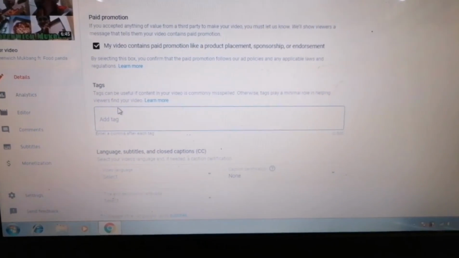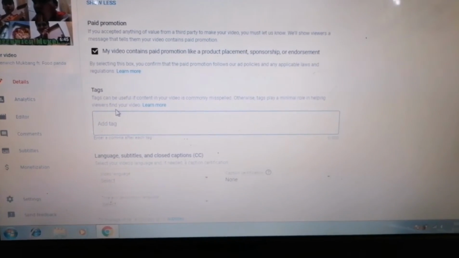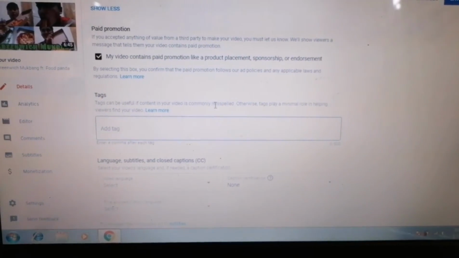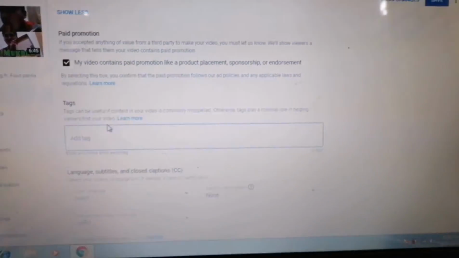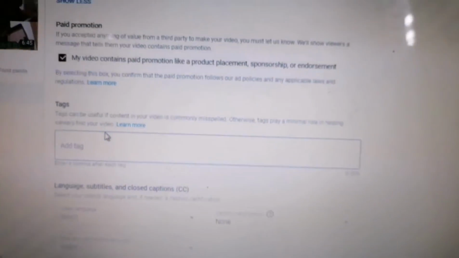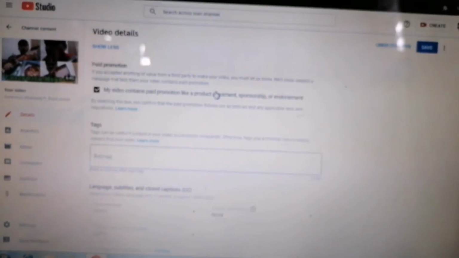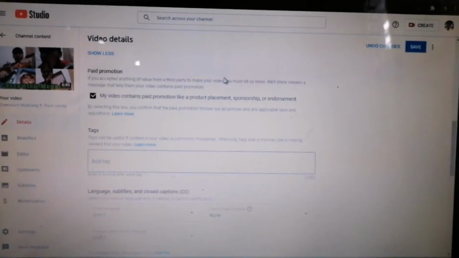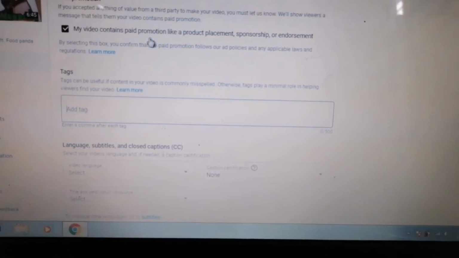The tags can be useful if content in your videos is commonly misspelled. Otherwise, tags play a minimal role in helping viewers find your video. Even though it's minimal, guys, this is very important. So yeah, this is the way to tag.